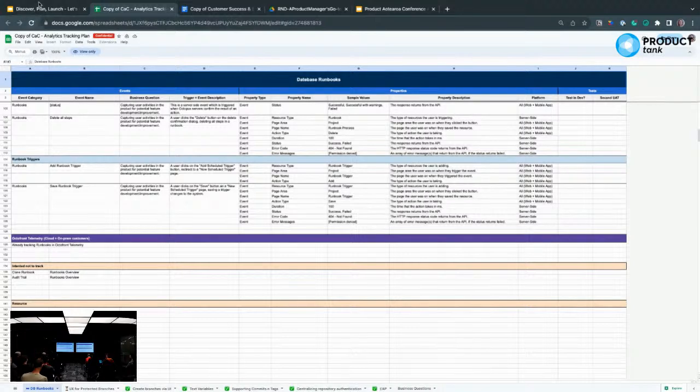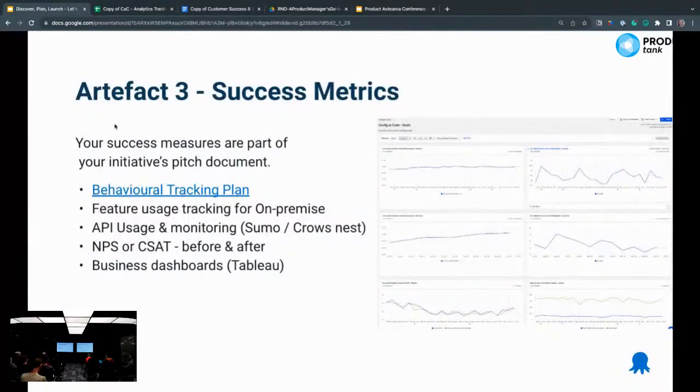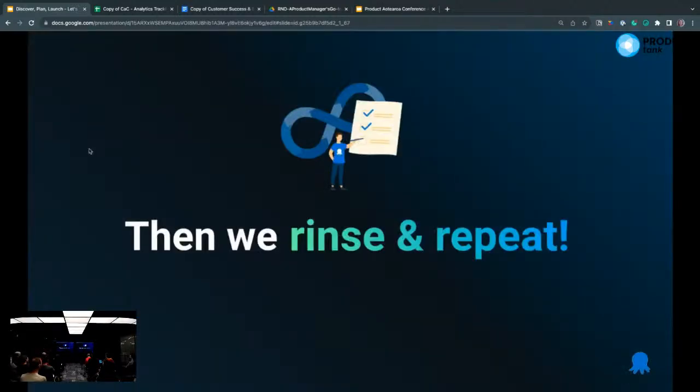Yeah, so that's the last artifact I wanted to share with you today. And so I've walked through 3 different artifacts that we use as product managers at Octopus. There's a bunch more that we actually do, and that forms part of our product manager toolbox.